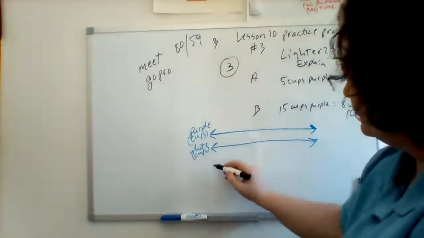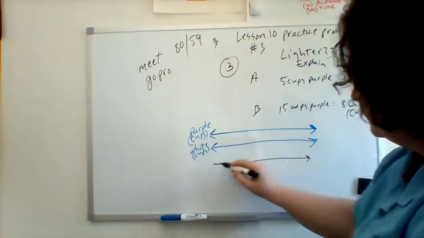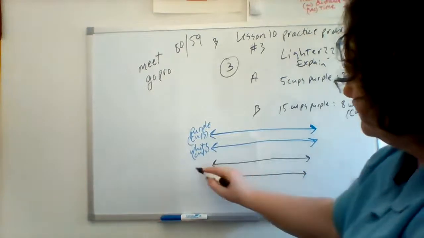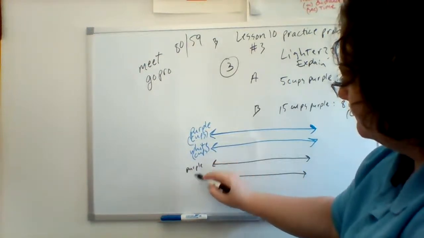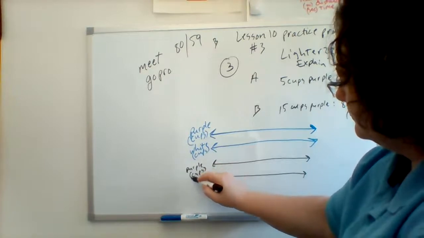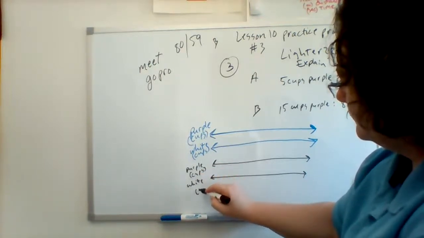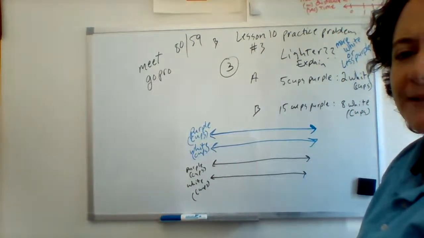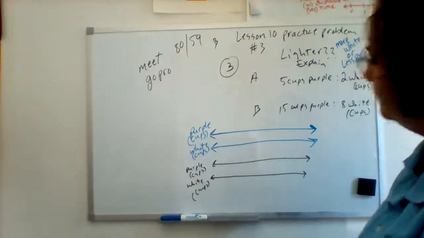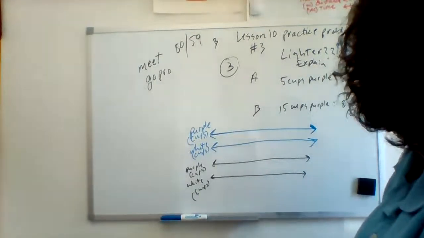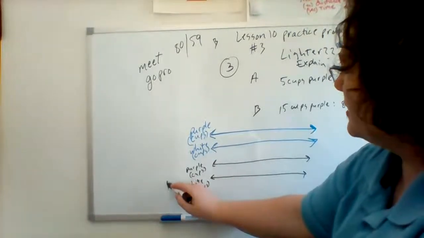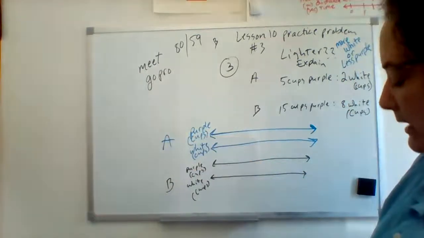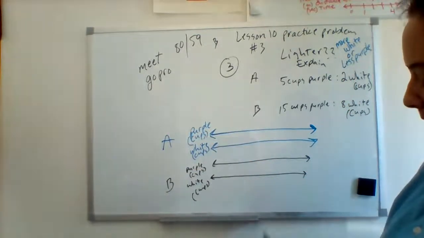Let's find out. And I don't know why I jumped to a double number line diagram. If you guys did a table, it's fine. So if this one is mixture B, this one is going to be my mixture A. And let's see what we got here.